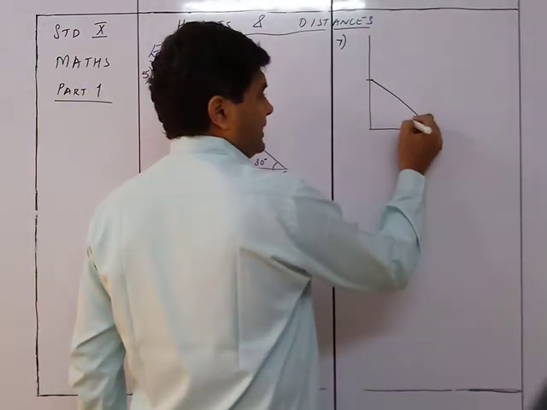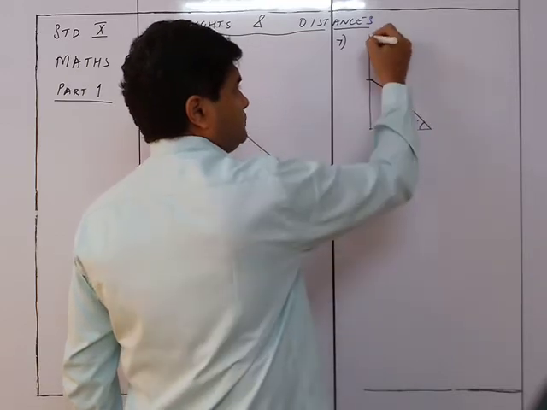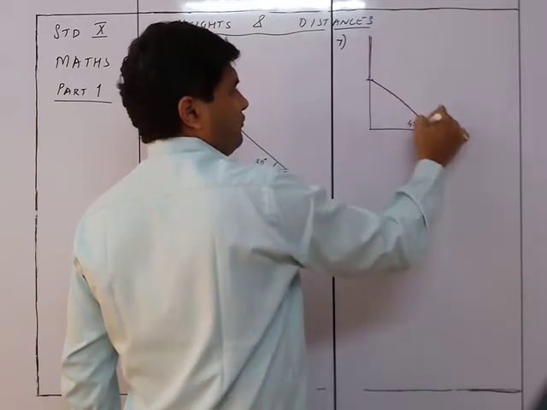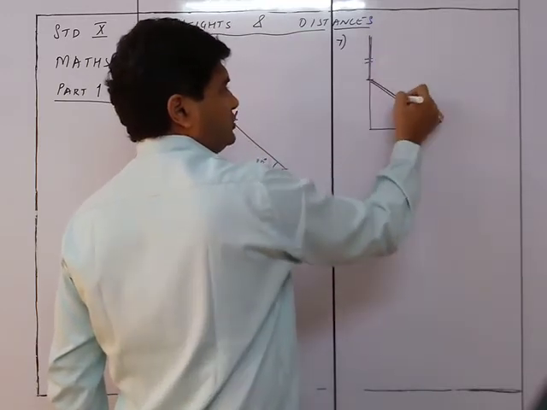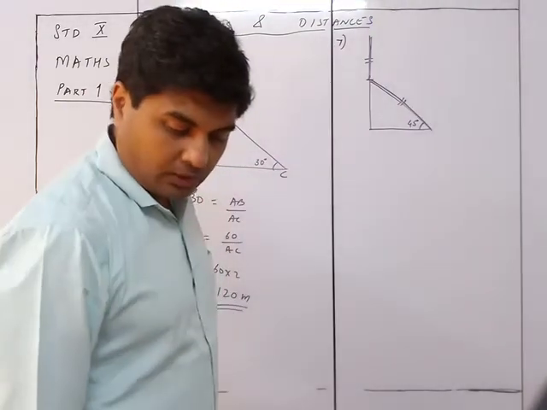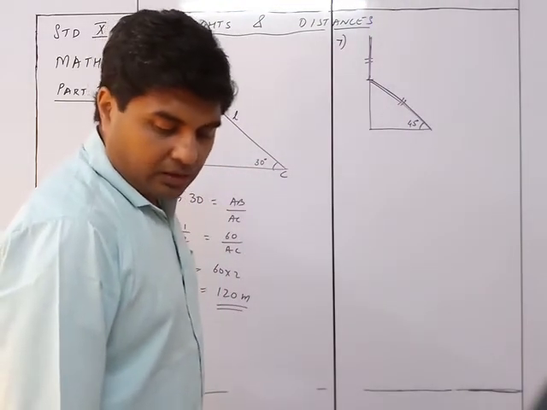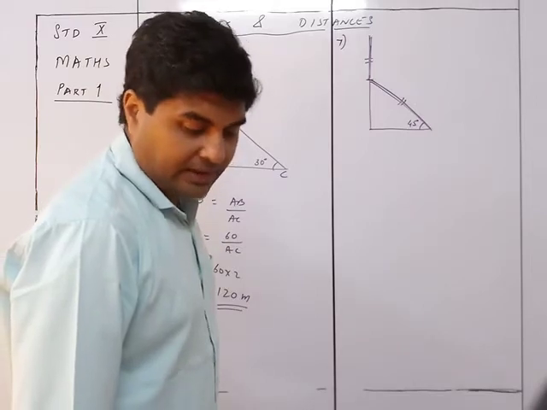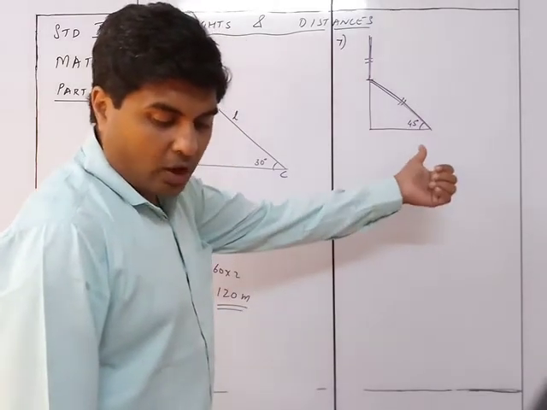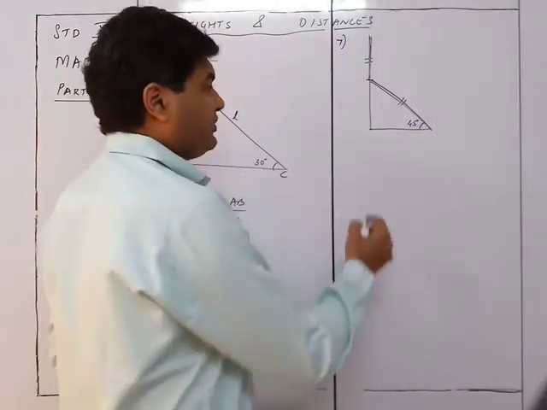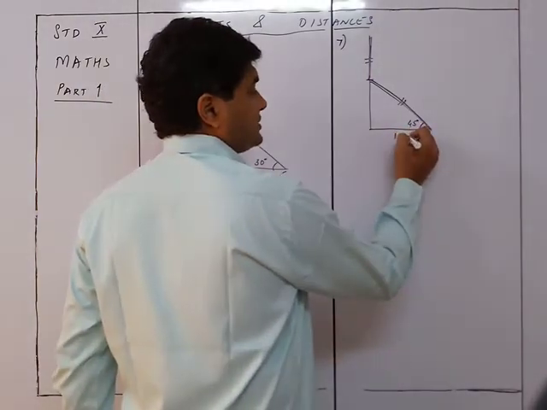So this part has broken and fallen down over here. And the distance from the root to the point where the top reaches is 15 meters. It's given that this is 15 meters.